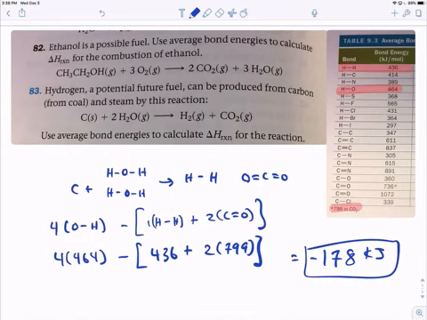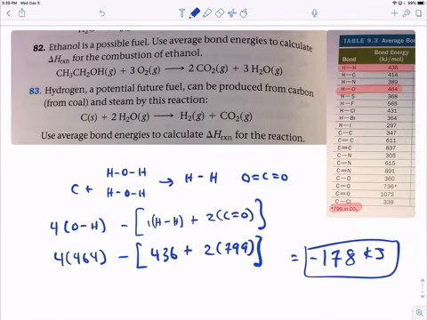Yeah, this is a one. Because then you're going to have 6 carbon-hydrogen bonds in there.